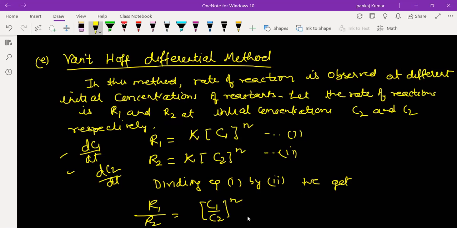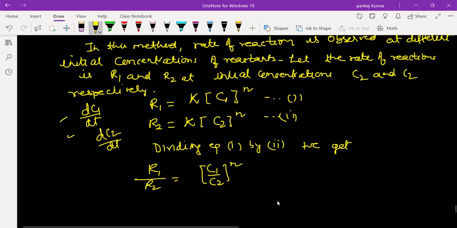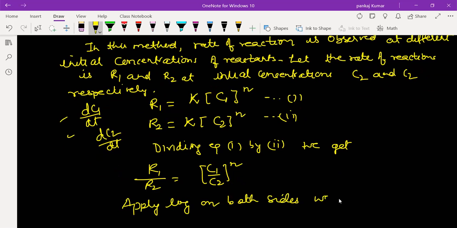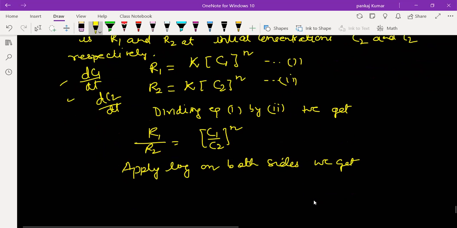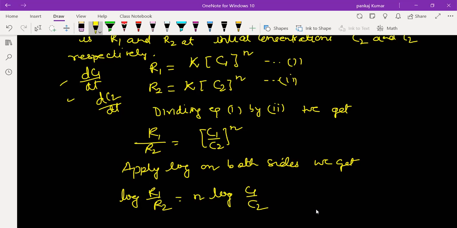Then applying log on both sides, we get log of R1 by R2 equal to n into log of C1 by C2.